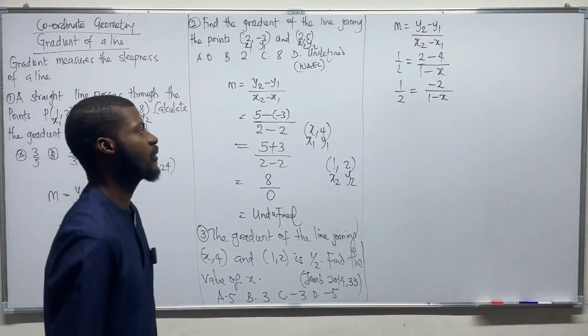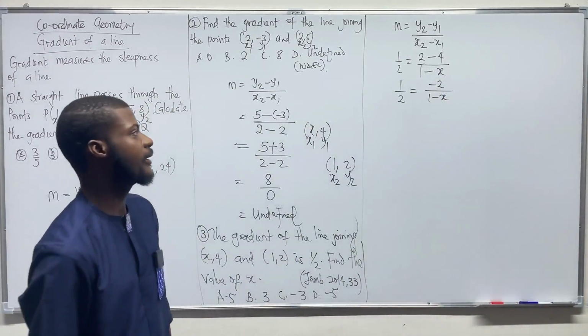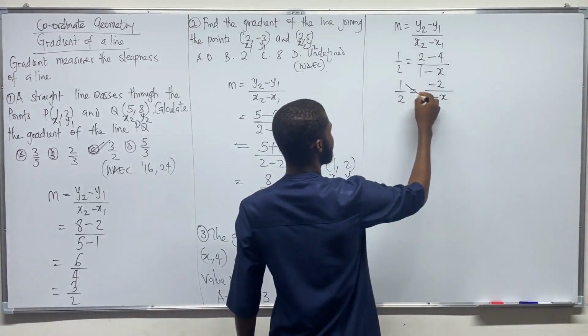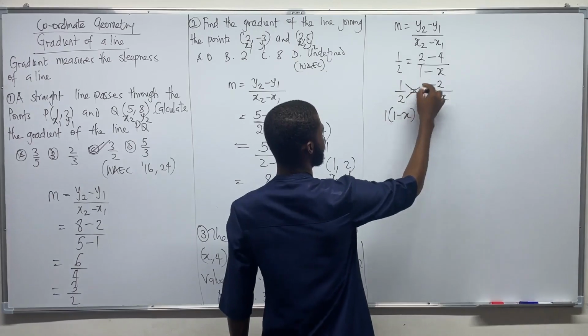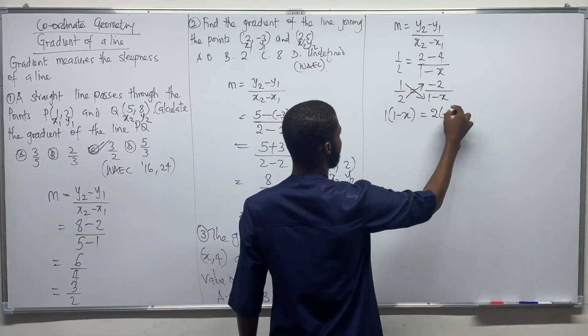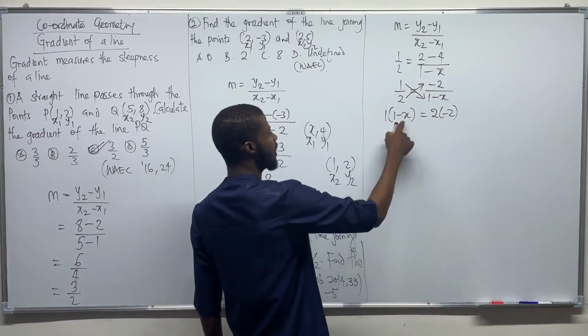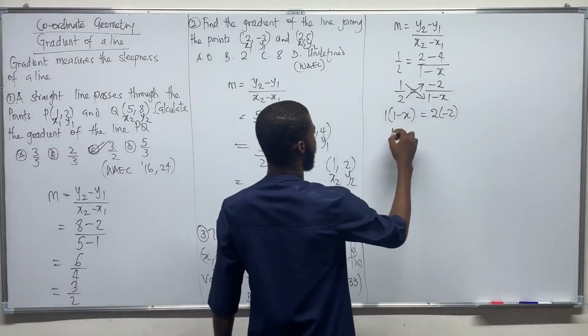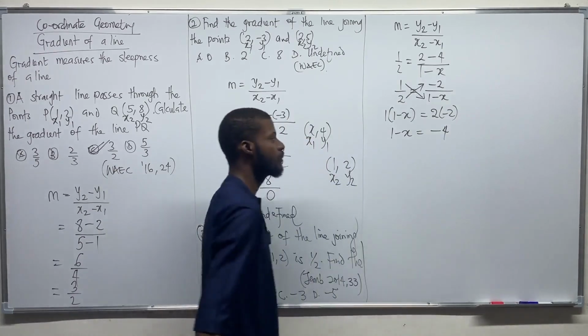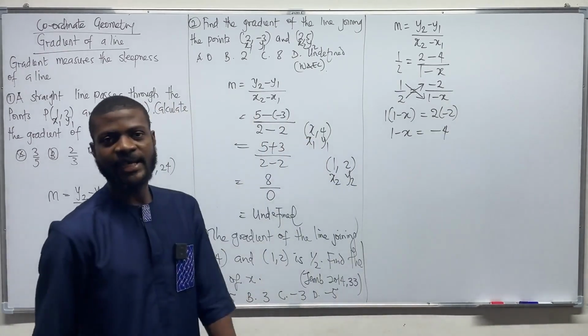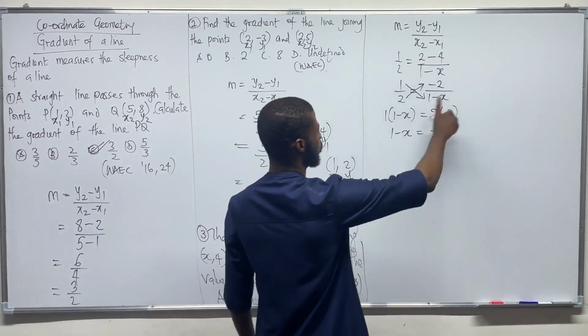At this point, we cross multiply. So you're going to say this times this. So that's 1 bracket 1 minus s equal 2 times this, so that's 2 bracket minus 2. Now 1 times anything is the same thing, so this is 1 minus s. Then 2 times minus 2 is minus 4. Now I'm trying to make s stand alone, so I need the 1 to go to the other side.